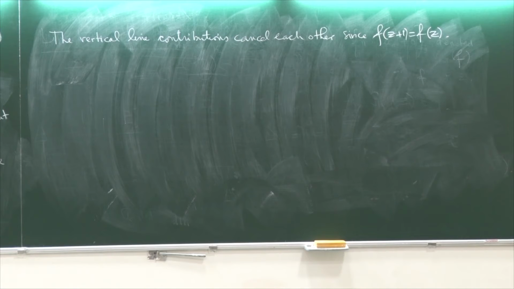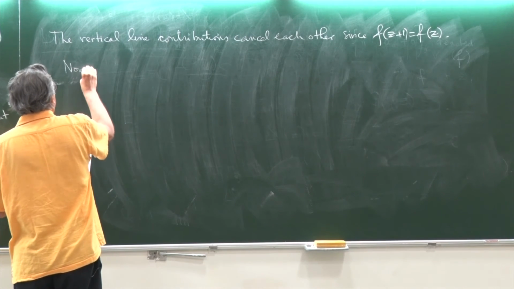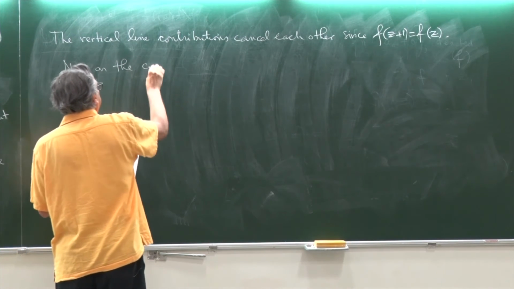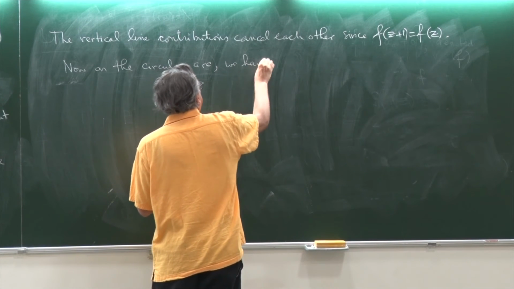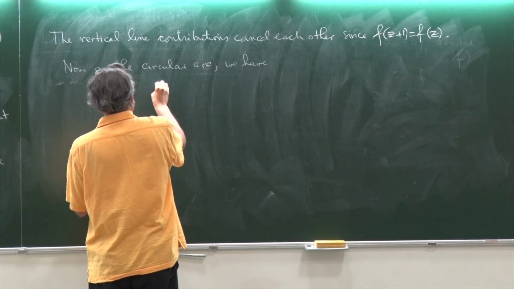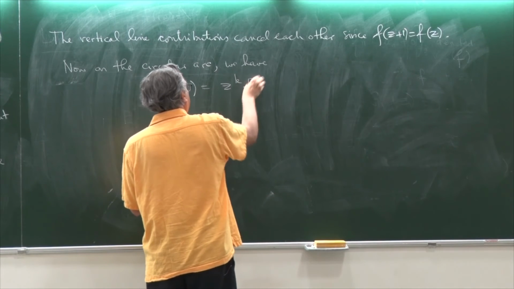The map that takes this arc: if I apply the transformation z goes to minus 1 over z, it takes this arc to this arc. Okay, so that's the mapping. Now on the circular arc, we use the transformation f of minus 1 over z is equal to z to the k times f of z.